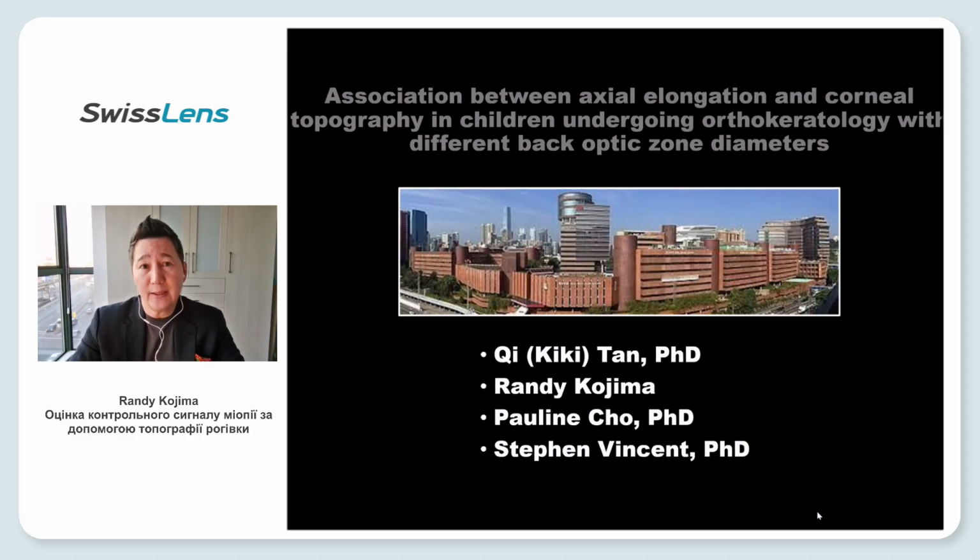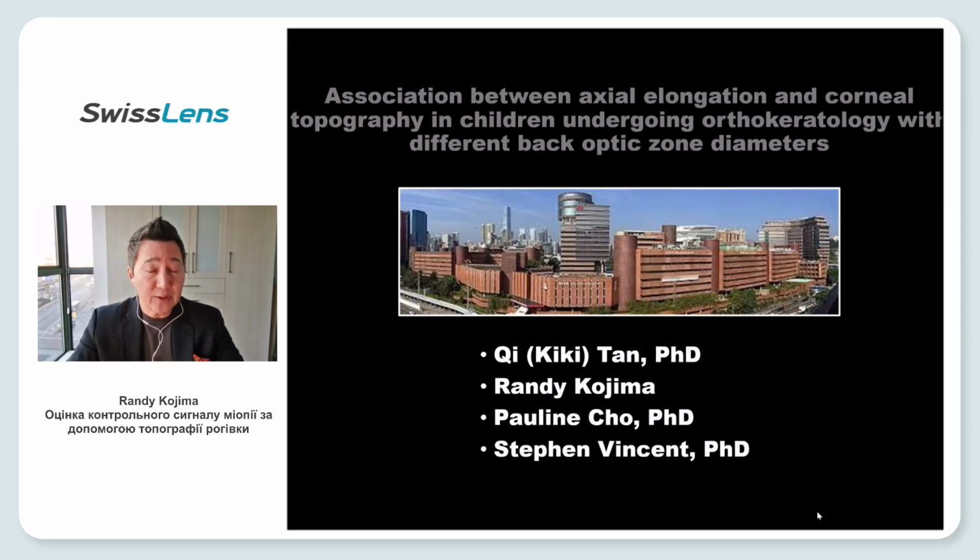Her LORIC study in 2005 was the first to give us true indication that ortho-K lenses are effective for myopia control. Her colleague, Kiki Tan, was her PhD candidate, and she has done numerous studies on orthokeratology and atropine to determine whether the combination works more effectively or less effectively in myopia control.